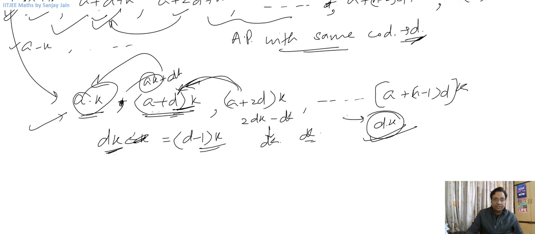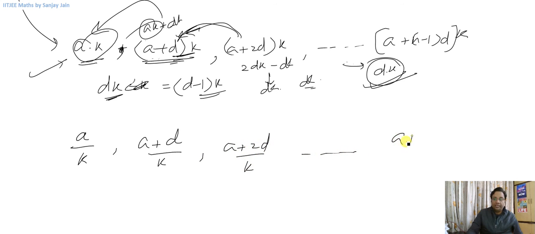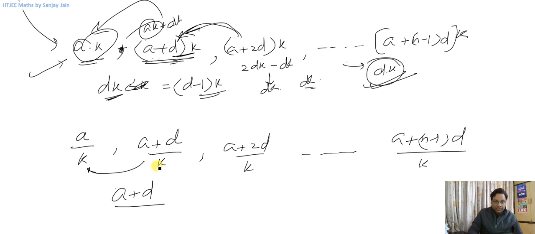And what about division? When I divide each term by K, it will be A by K, A plus D by K, A plus 2D by K, and so on till A plus n minus 1 into D by K. Now you check whether it's an AP or not. How do we check? By checking whether the difference of any term and its previous term is a constant.